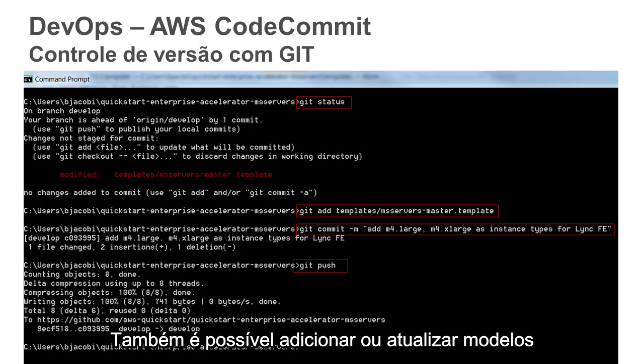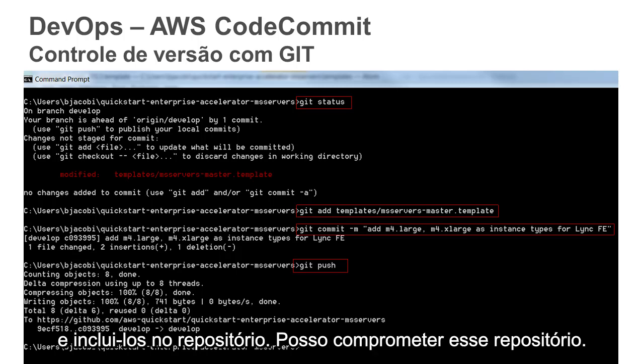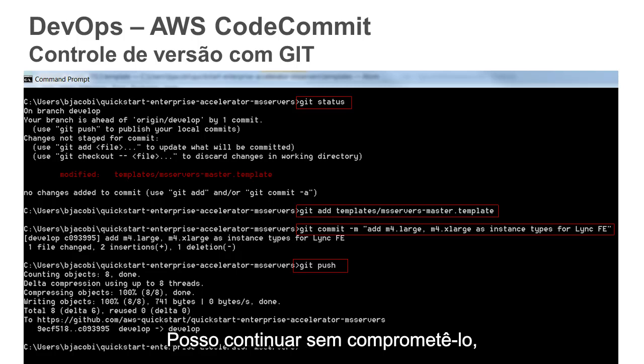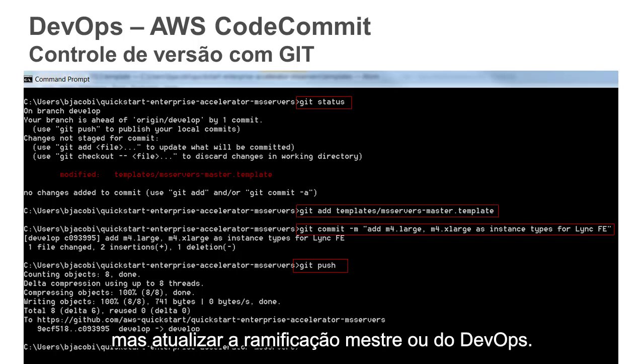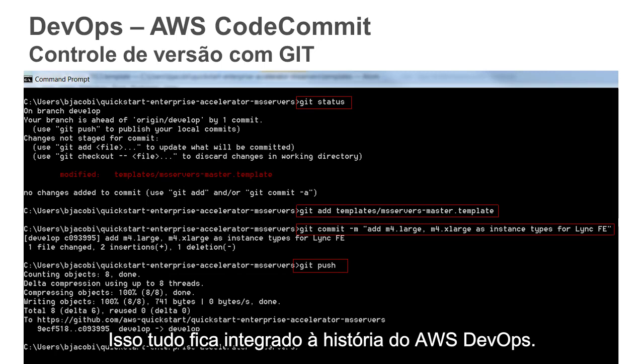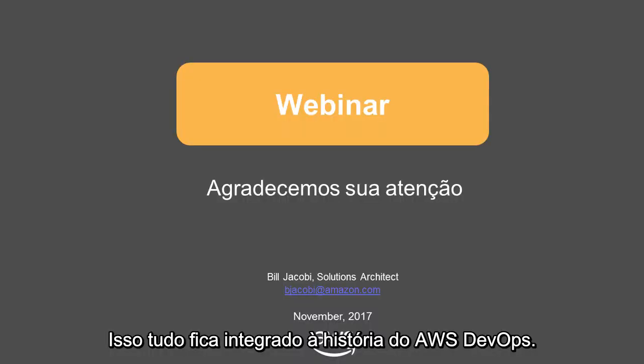I can update a template and then add it to my repo. I can commit that, and then I can update my DevOps branch, and this is all integrated into the AWS DevOps story.